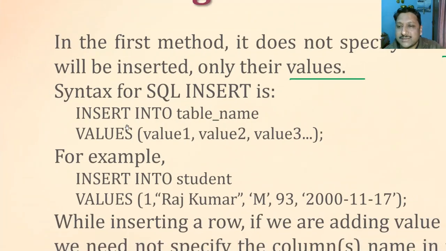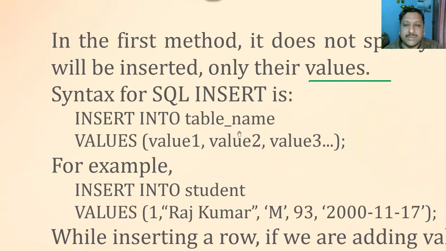If you want to insert all the values in all columns, then this syntax is used. What is that syntax? See here, insert into table name, then values. Only you have to give table name, and then values you have to write, and within brackets all the values you have to give. If a table is having 5 columns, then all 5 values are to be given separated by comma.